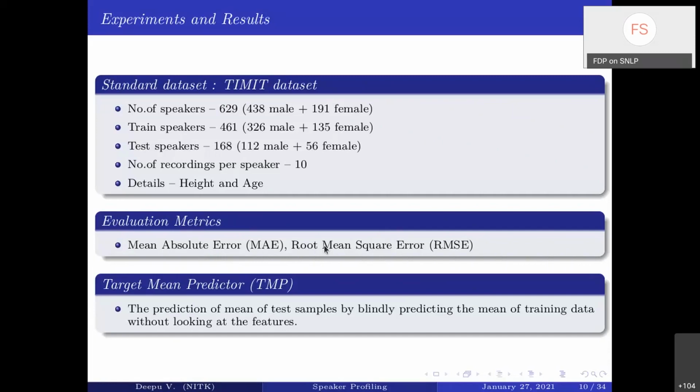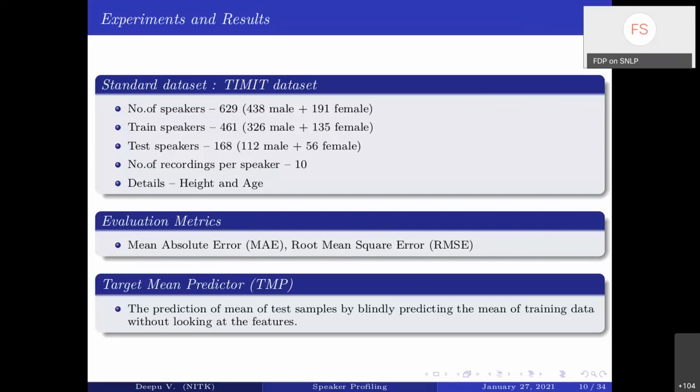The other thing which I wanted to tell you about is the target mean predictor. So when do we say that a machine learning algorithm is working? For example, let's say you have a cat versus dog classification. When do we think that this is working? You can evaluate it and say, I got 60% accuracy. Is it working? Now, we need to compare with what is known as the default predictor.